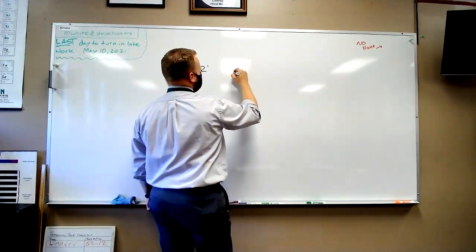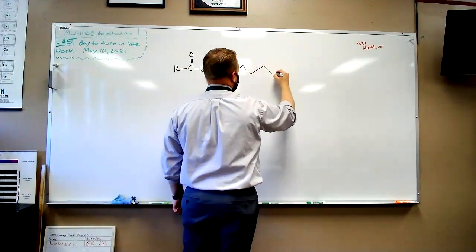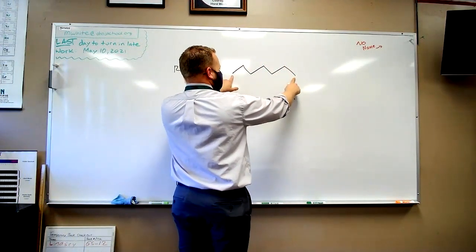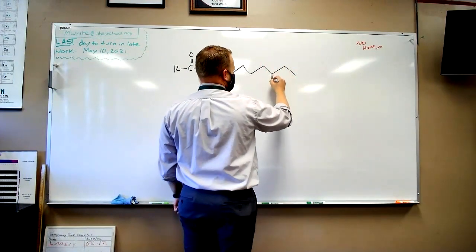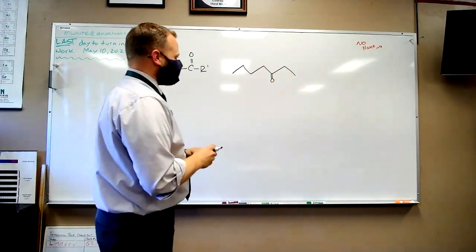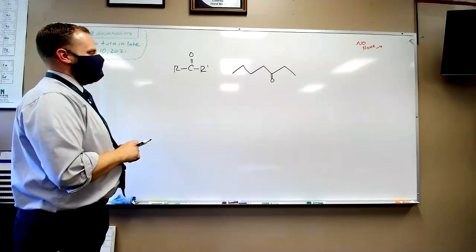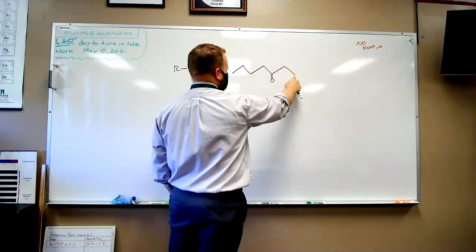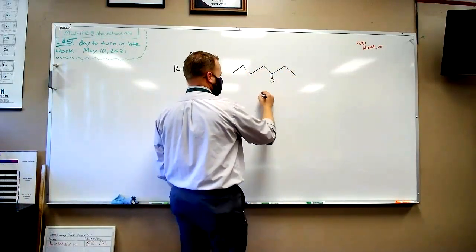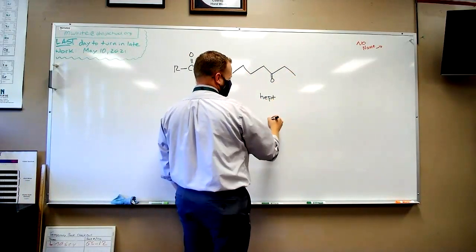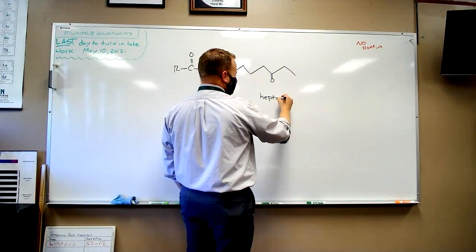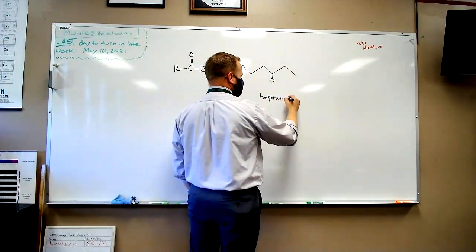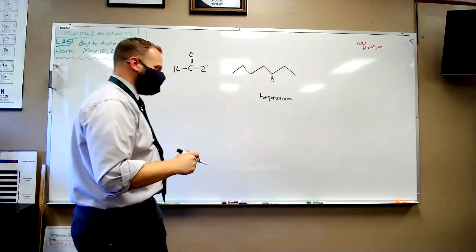So how do we name these? Remember, we can't put it on either of these, but if we put it right there, now we can count 1, 2, 3, 4, 5, 6, 7. We're dealing with hept. We do keep the AN and then ONE. This is heptanone.